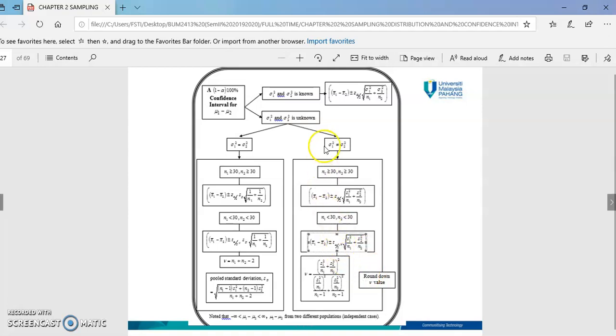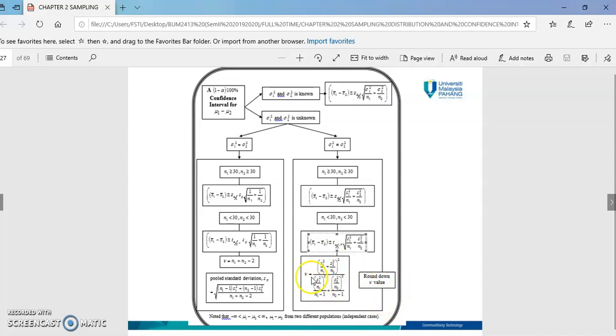For the case of unequal population variance and less than 30, your T is quite special. The degree of freedom of the T, the nu, we have to find by using this formula. The value of nu is always rounded down, because we need a discrete number, nombor bulat. Whenever you get a decimal point, we have to round down to the next discrete number.